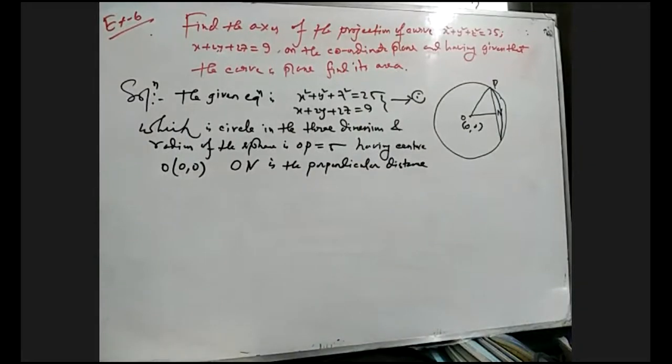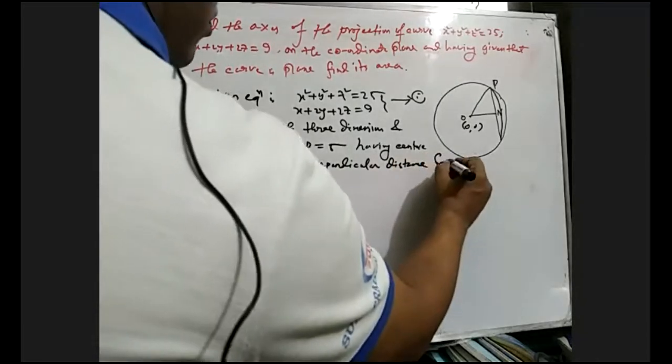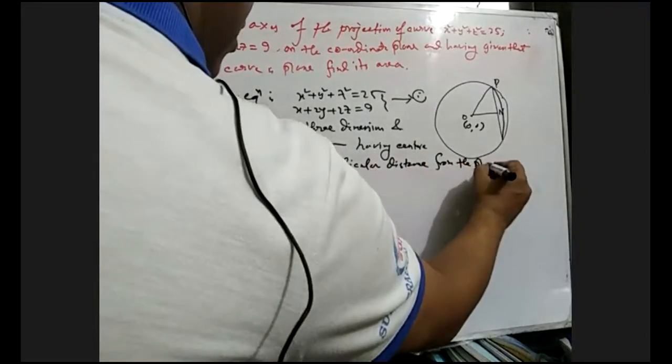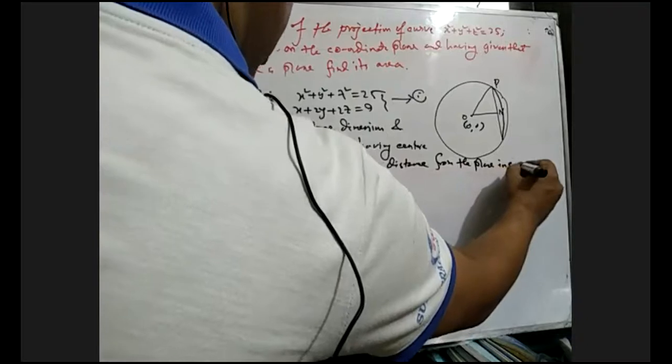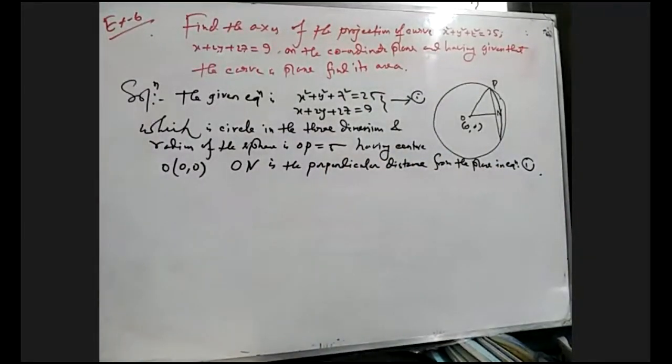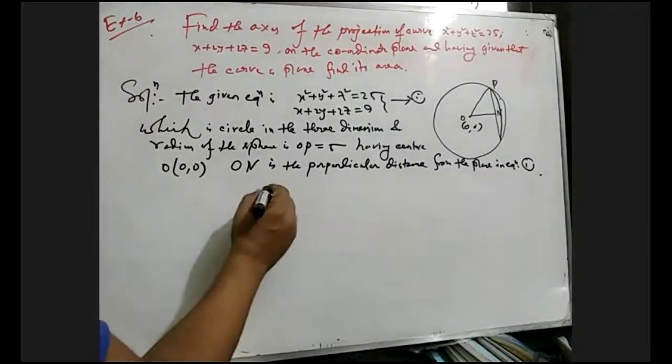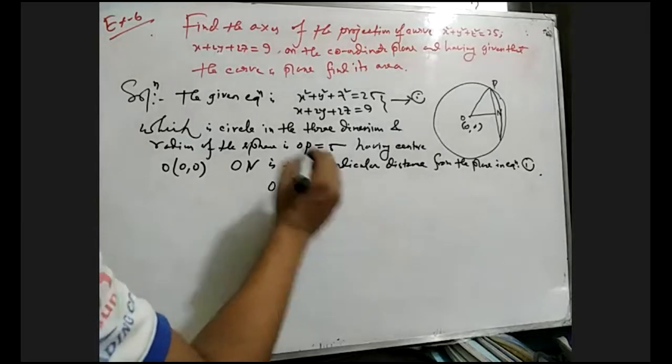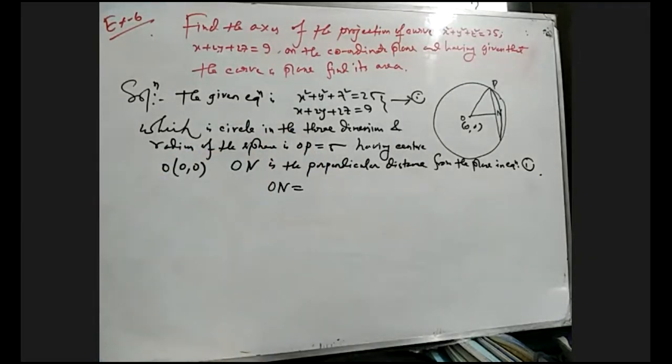Distance from the plane in equation 1, the given equation 1. So this is the perpendicular distance from the center of the circle.